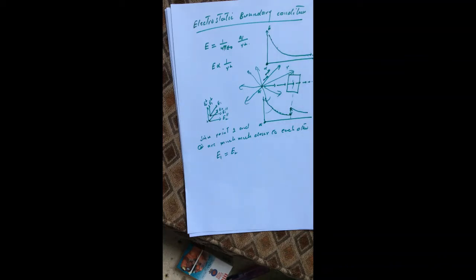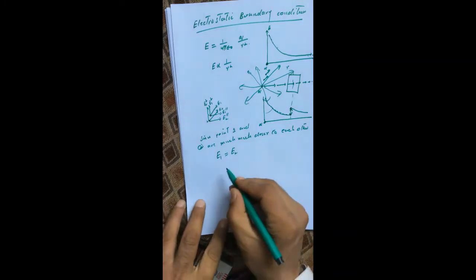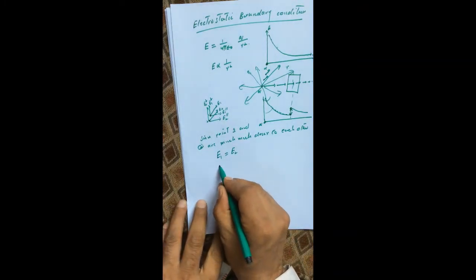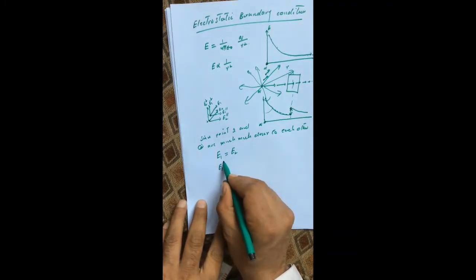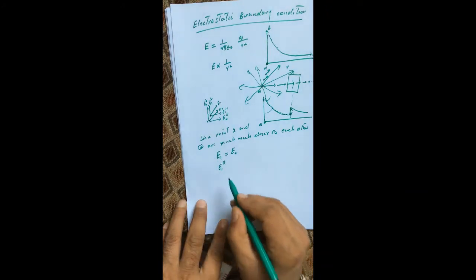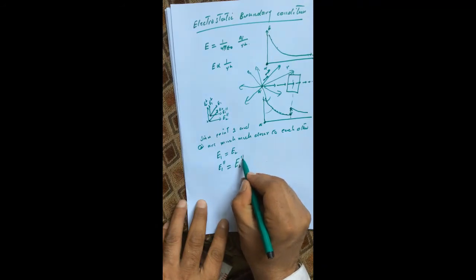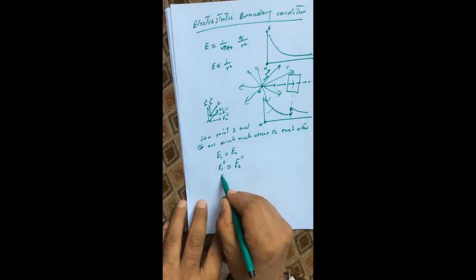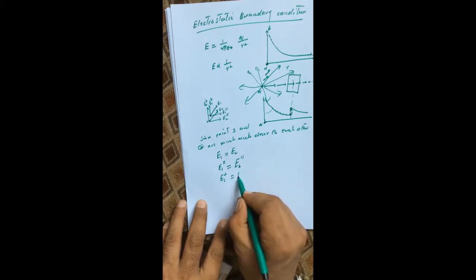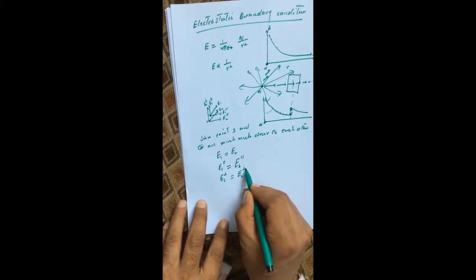Now if E1 is equal to E2, then what does it mean? It means that the parallel component of electric field at point 1 will be equal to the parallel component of electric field at point 2. And similarly, the normal component at point 1 will be equal to the normal component of electric field at point 2.